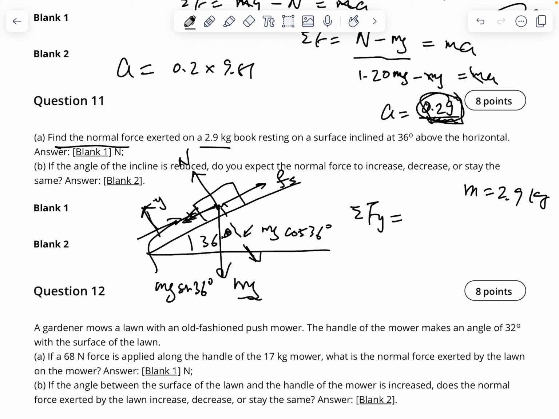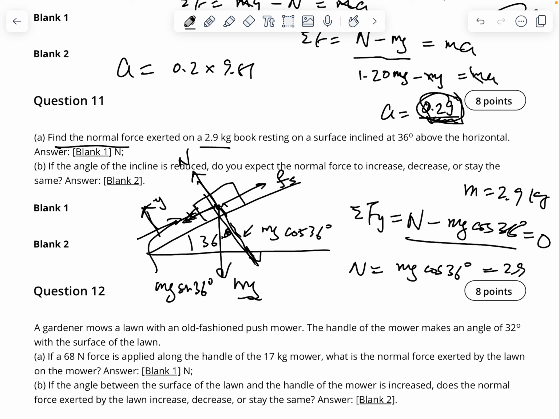All right, so in the y-axis, it's normal force minus mg cosine 36, and that's all the force in the y direction. This equals ma. a is 0, so this equals 0. So N equal to mg cosine 36 degrees. And then m equal 2.9, 9.81, and then cosine 36. Okay, so that is the answer.